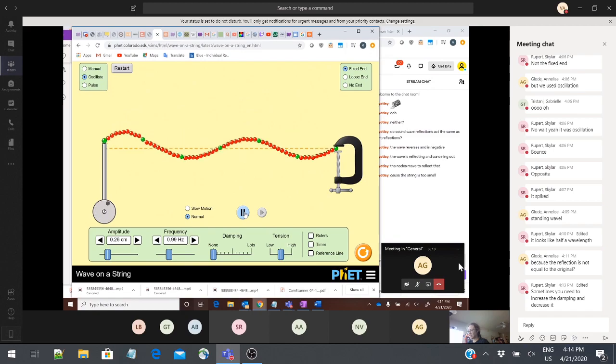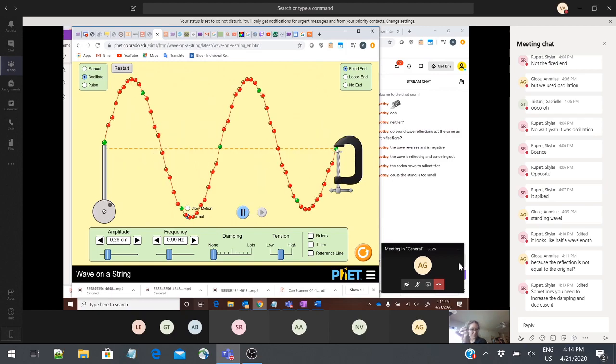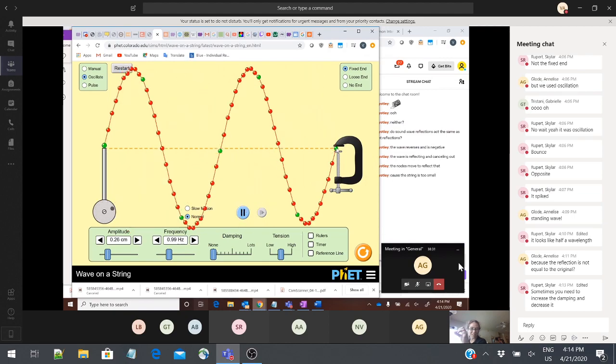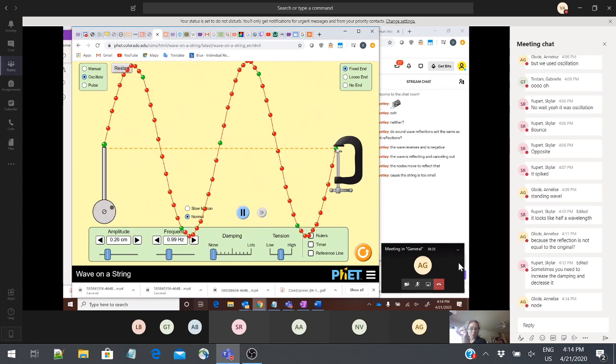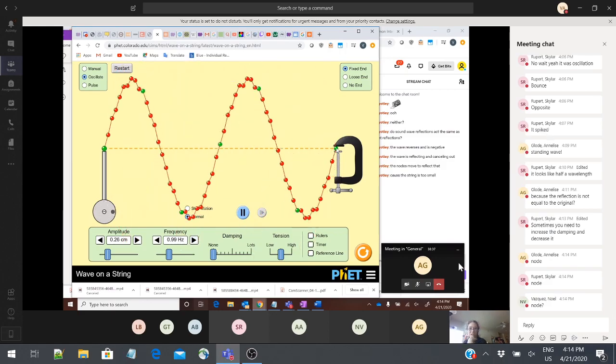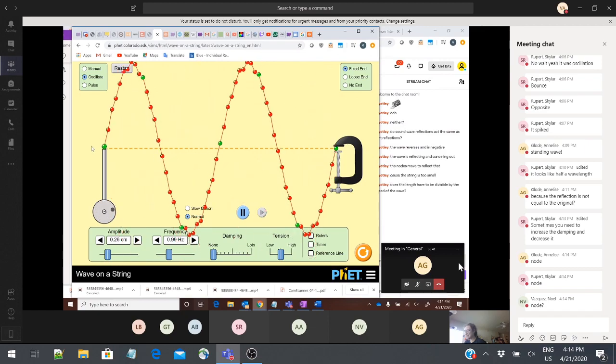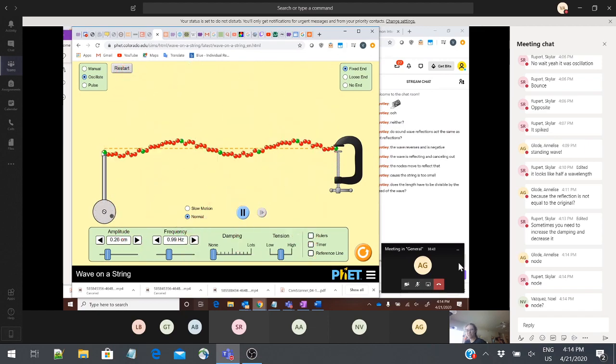What is the distinction here? So the key is going to be, if I look at my fixed end, where the vise is, is that a node or an antinode? Right. That point is not moving. It's a node, right? So I have a node at one end. What's happening at this end with the wheel?